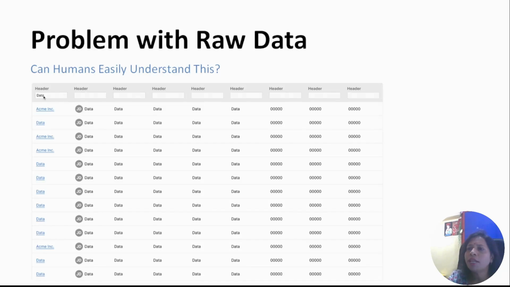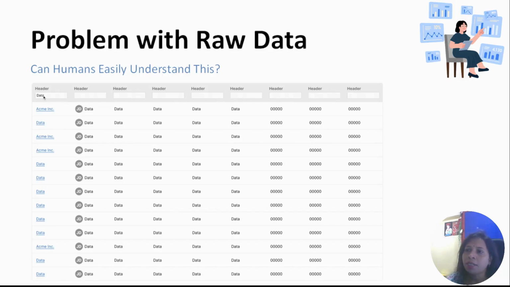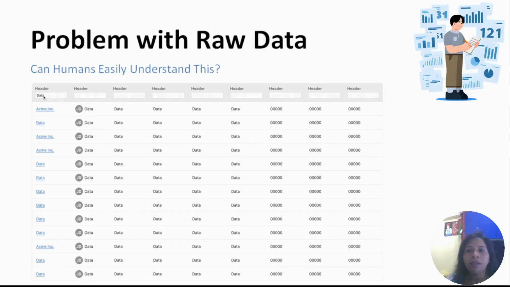So if I talk about various data, we see that we have raw data in the form of tables. Tables are mainly used for storing data, but they are not always effective for communicating information.